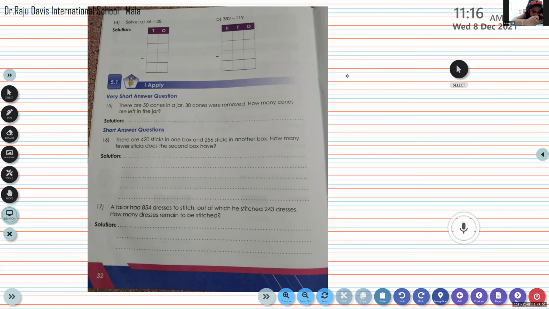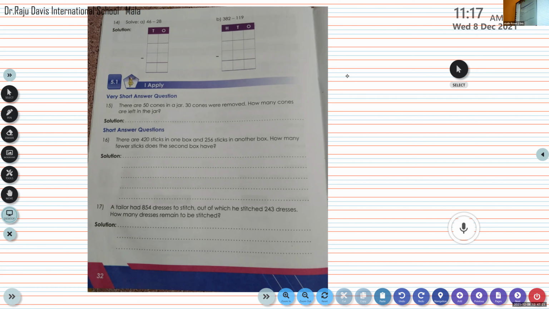How many fewer sticks does the second box have? Okay.